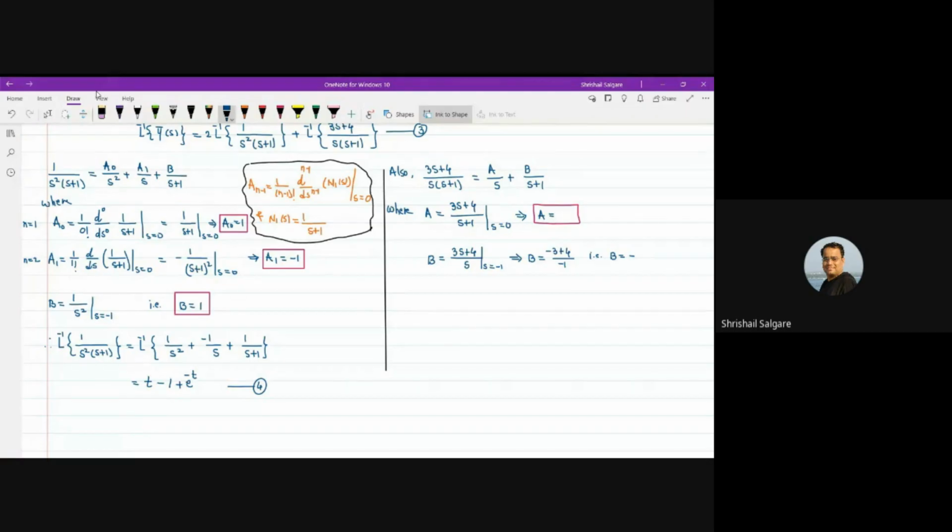Anyone can tell the constants? What is A? If you substitute s is equal to 0, it comes as 4. And second, B, minus 1. Okay, B is minus 1.